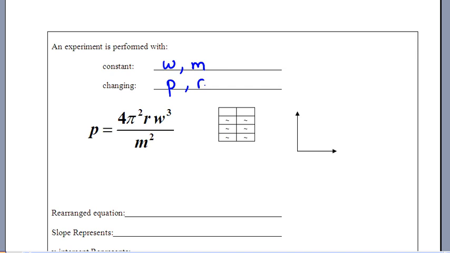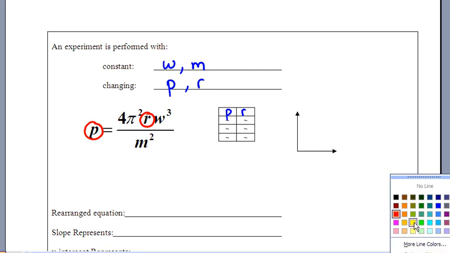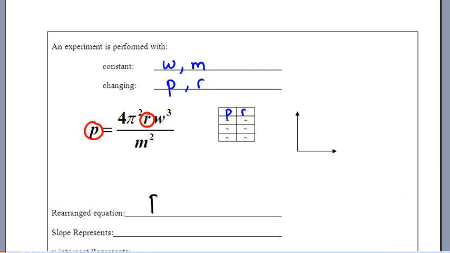If that's what they said in the story, there might be a little table here with P's and R's. And you could go, oh, okay, well, how could I get this to work? That's changing. So circle the changing things. That's changing. Oh, okay. Hey, if that was the story, I could rewrite this as P is equal to. Now here comes all the constant stuff. Stuff that wouldn't be changing in this story.